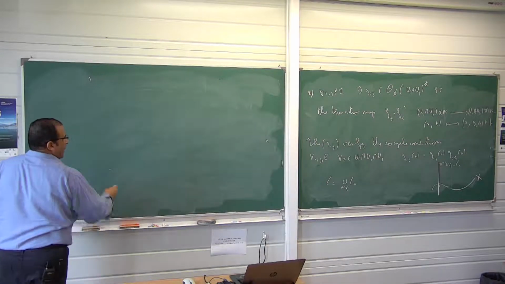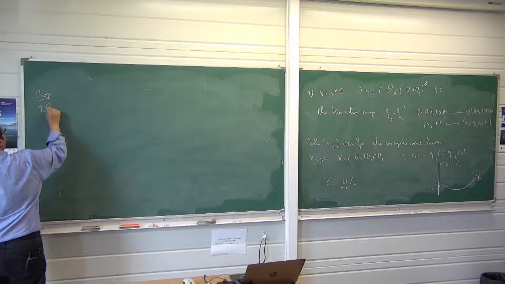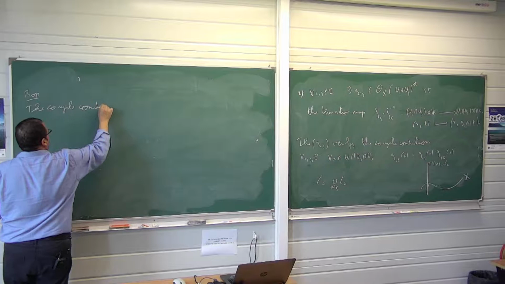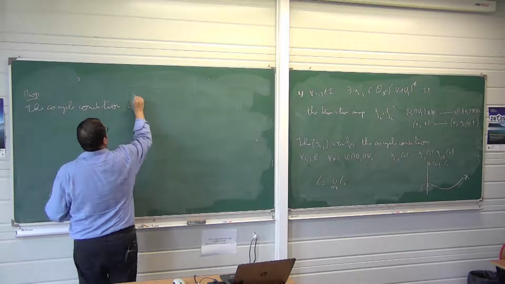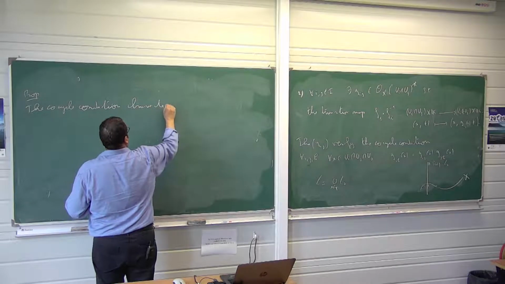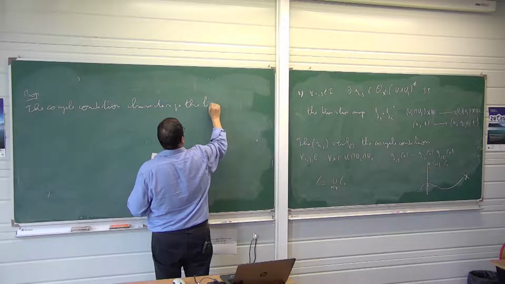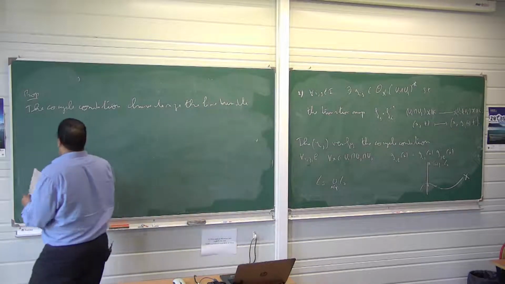The one important point is the following. The cocycle condition characterizes the line bundle up to isomorphism.